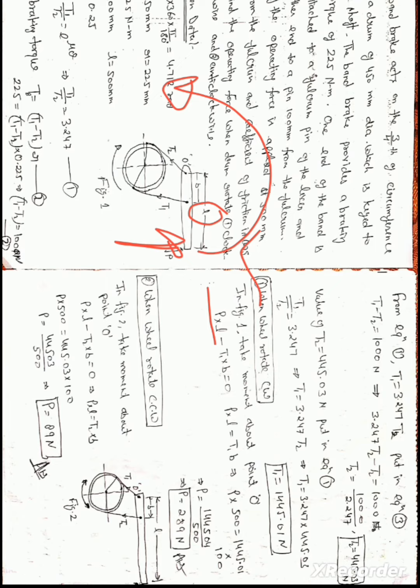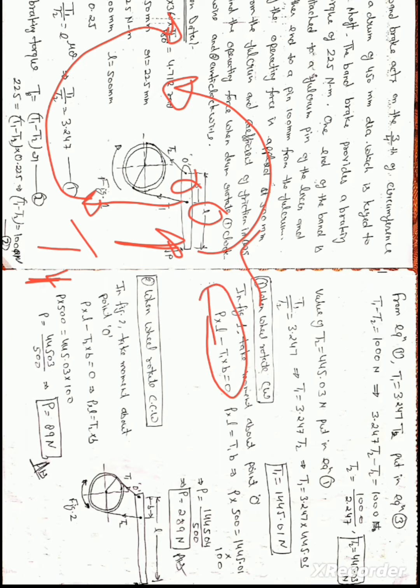And the second couple, T1 into B, makes a clockwise couple. Clockwise couple is assumed as negative sense. So P into L minus T1 into B equals 0.